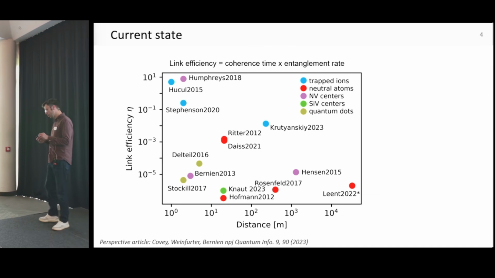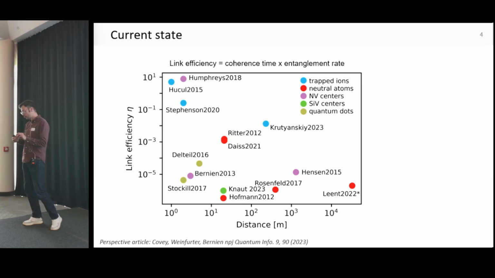Basically, you would want in a network to be able to distribute entanglement faster than information decoheres at the nodes. So ideally, we would want to be above 1 with this link efficiency, and ideally, you would also want to go very far distance, but there's actually quite an empty spot up here.